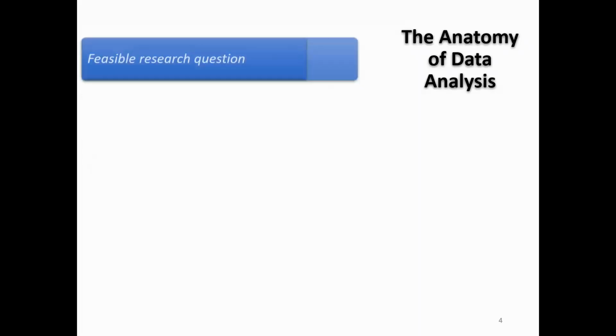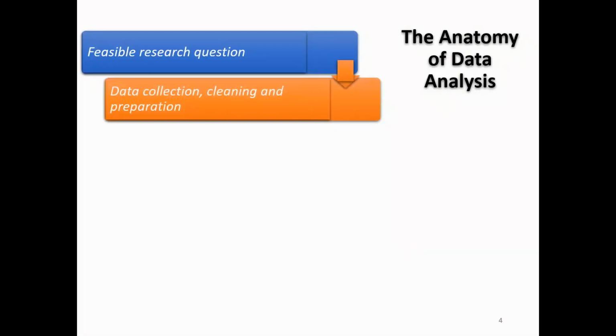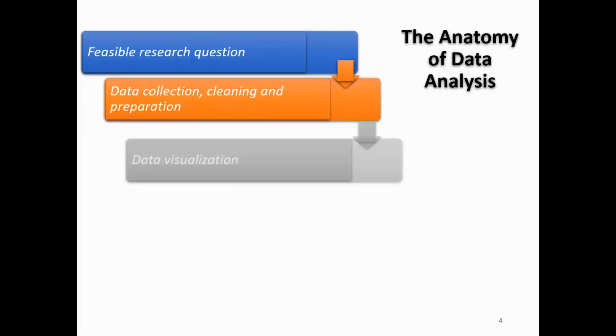In general, just to give you an idea what the data analysis process entails, you normally start with a purpose or goal, usually a feasible research question. And by feasible, I mean something that you can finish in the deadline, in the time that you have to finish the research. Once you have that research question, the next step is to start collecting data, cleaning, and preparing it.